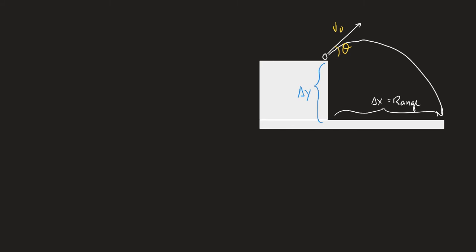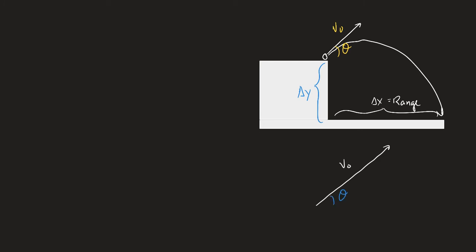And based on our conversations dealing with components, you should realize that this launch angle can be broken up into both a horizontal component and a vertical component. And in practice, this will always be broken up the same way.